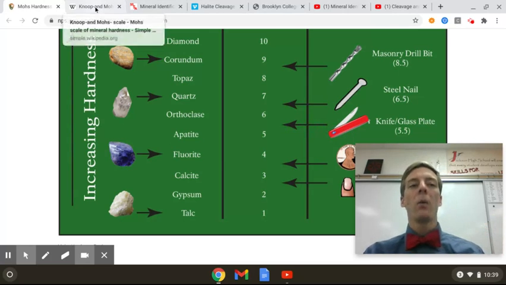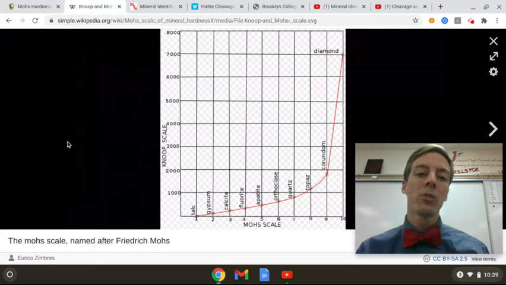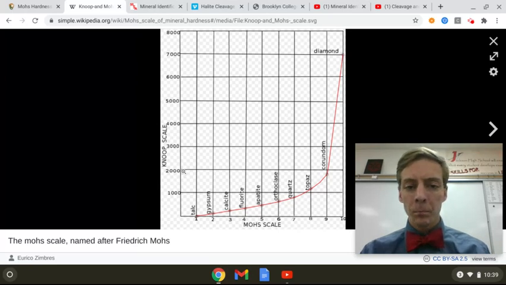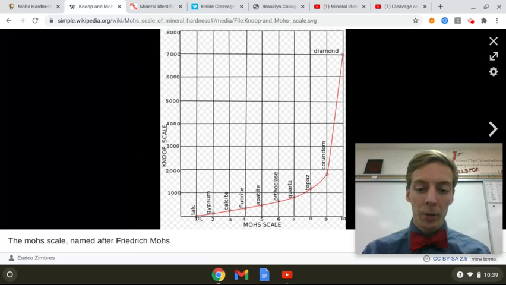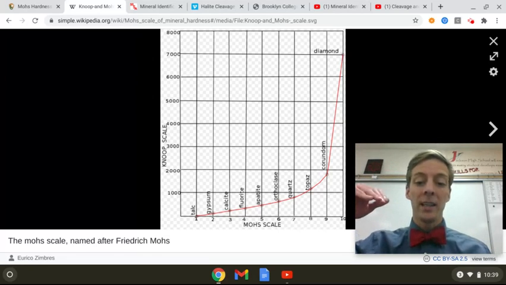Okay. I want to show you one other thing. The Mohs is not the only scale. The Mohs is the most common. The Mohs is the one you need to know. But this is the Knoop scale. And I just want to show you that 1 through 10 is not necessarily evenly spaced. To go from a 10 to a 9 is a huge step down.